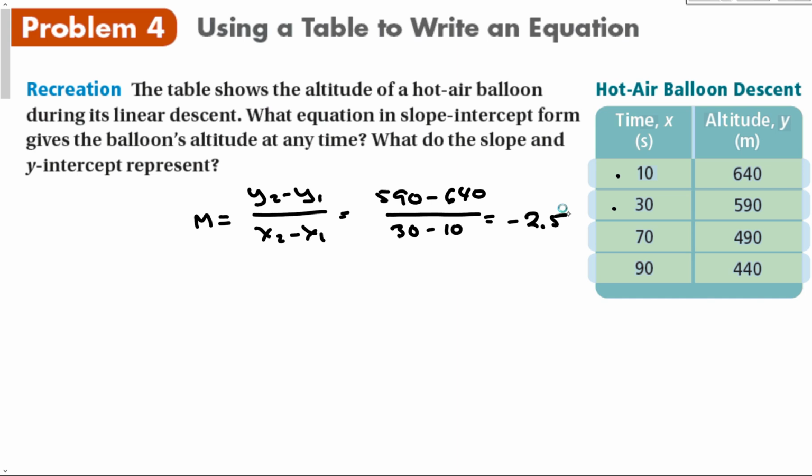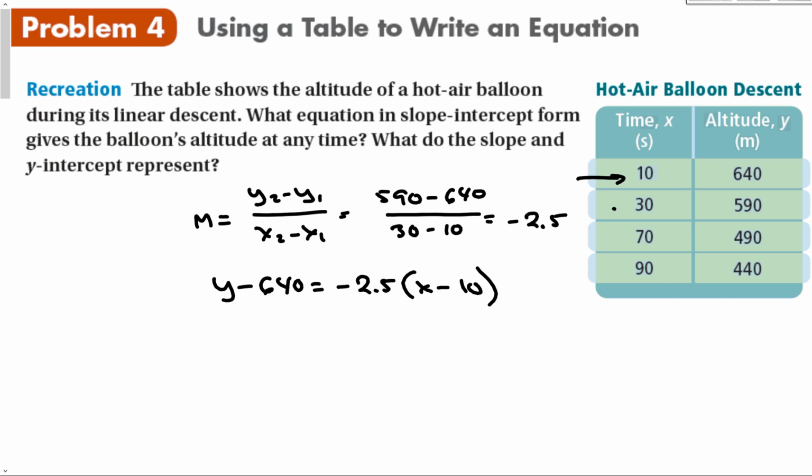So when we plug this in, we can use any point we want. Let's pick the first one. So that becomes y minus 640 is equal to negative 2.5 times x minus 10.